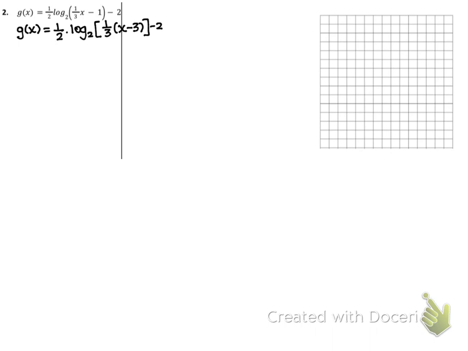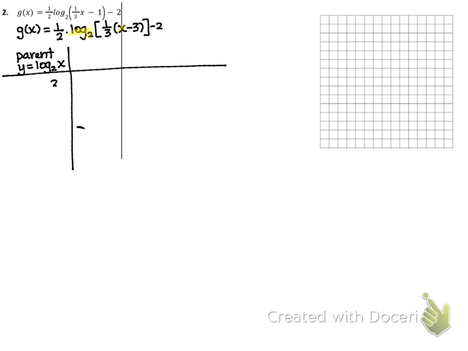Okay, the parent of this thing is log base 2 of x. So I'll set up my table. And then I'm going to set it up just like I would if it was exponential, but I'm going to reverse the points.